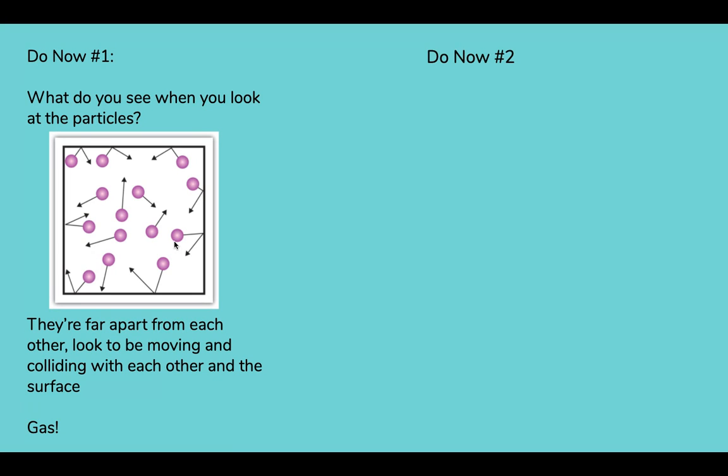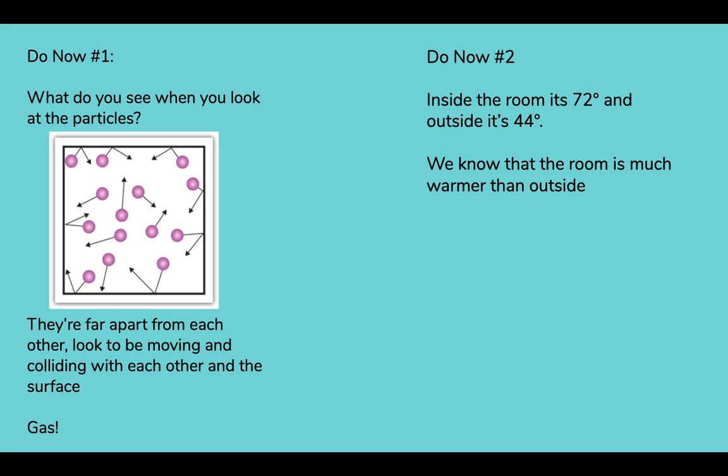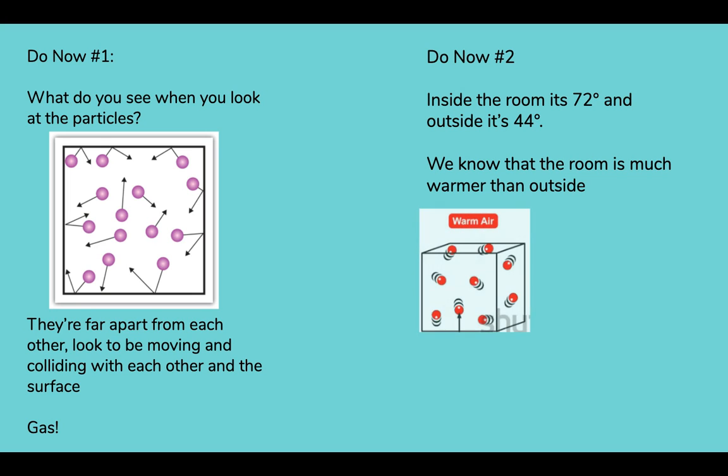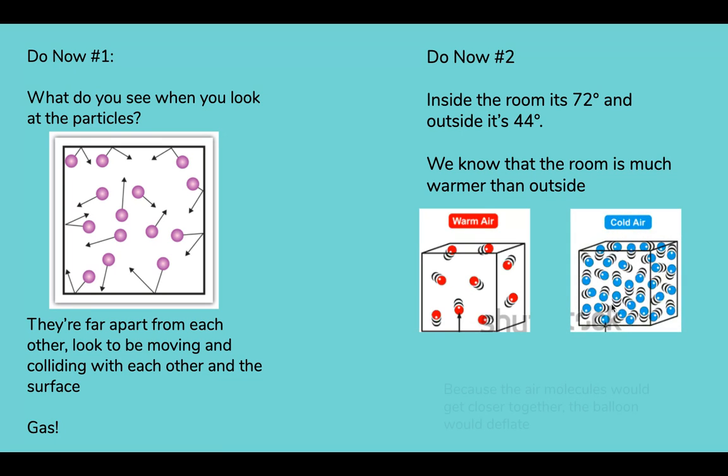For the second do now, we start with knowing that the room is 72 degrees and the outside is 44. That means that the room is much warmer than outside. Yesterday, we looked at some pictures that showed us what the particles in warm air look like versus the particles in cold air. You remember, both of these are still gas particles, they're just gas particles at different temperatures.